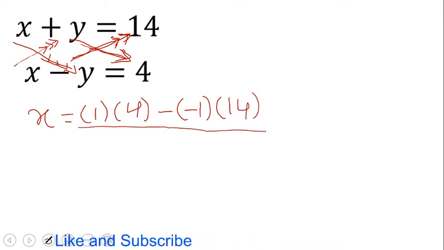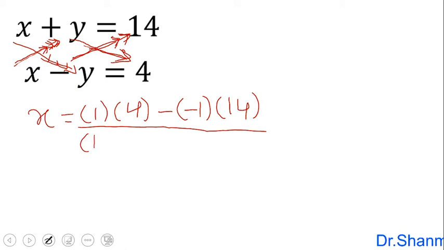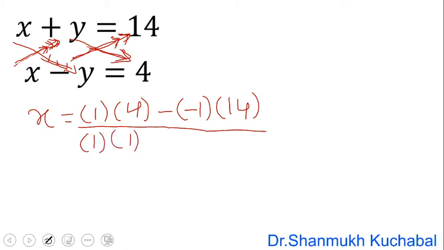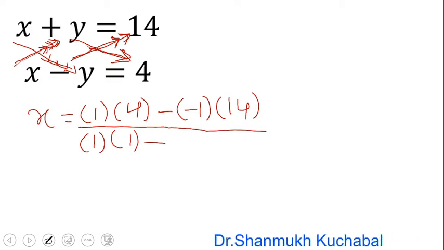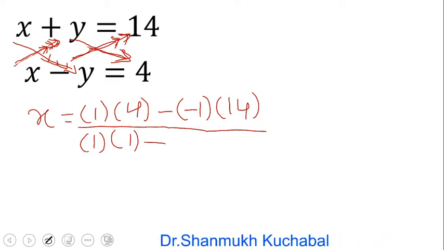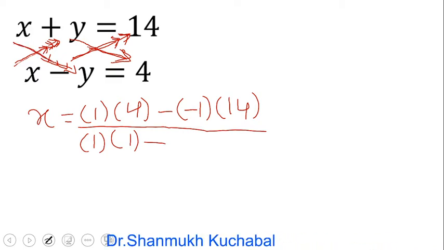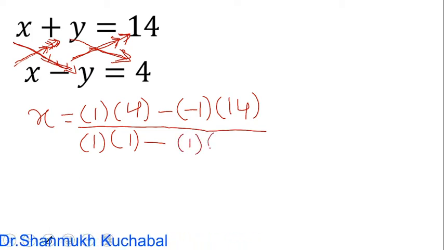Next, the third step is this. Here I am tracing, so three arrow marks I have taken. The x coefficient is 1 and the y coefficient is 1. Compulsory minus sign we have to take. Then the multiplication from this one here, the last step: the x coefficient is 1, the y coefficient is minus 1 here.